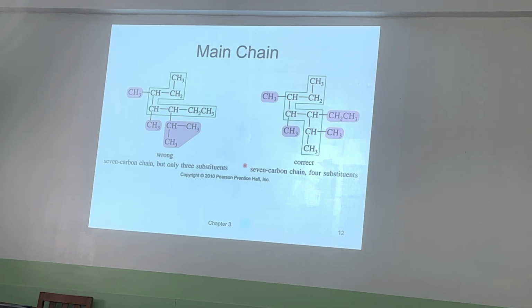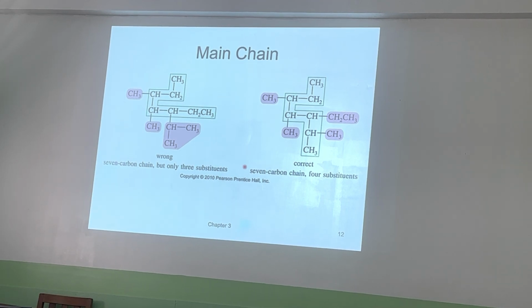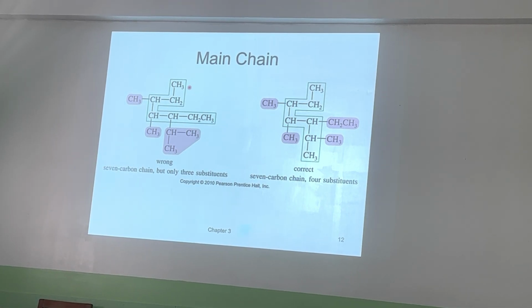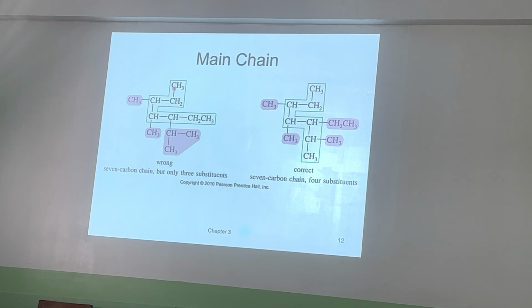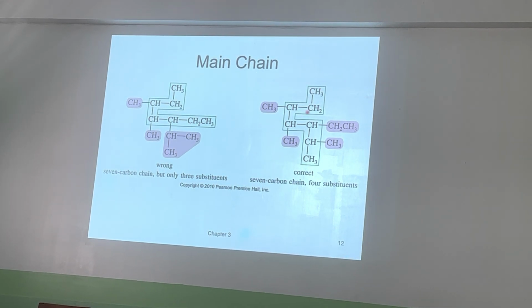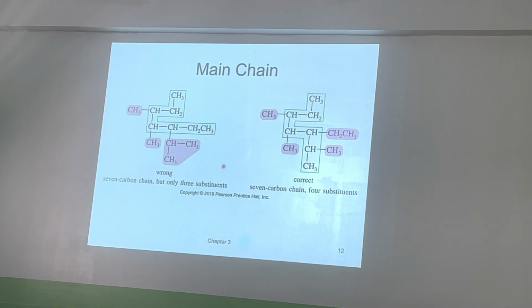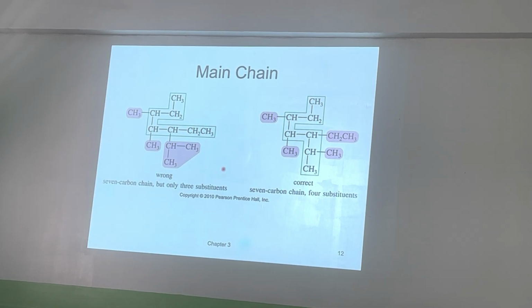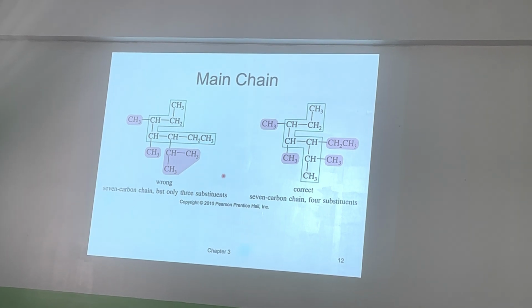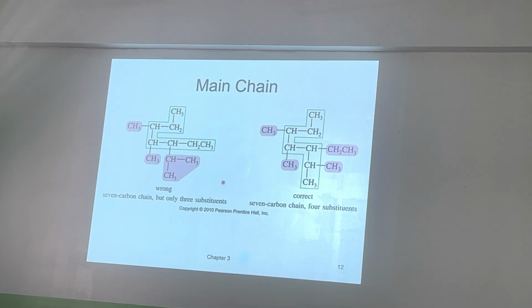Alright? We have some other examples here where you can look at the number of carbons. So this is a 7 carbon chain, and this is also a 7 carbon chain. But notice the difference between which 7 carbon chain they used. Naming has to be simple, so we always pick the more simplified version.